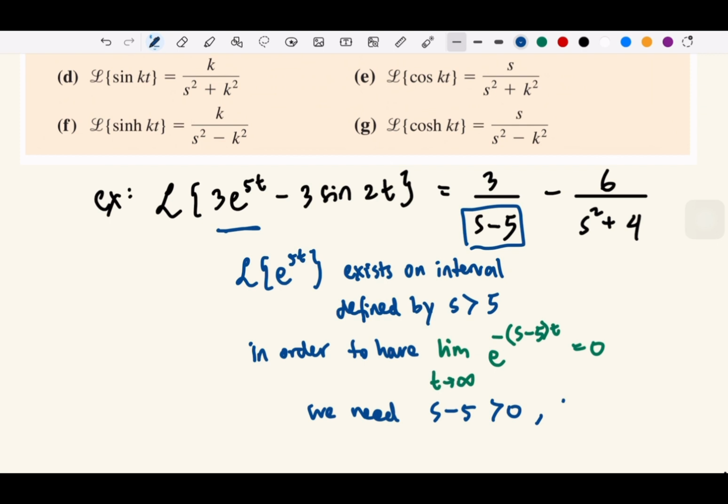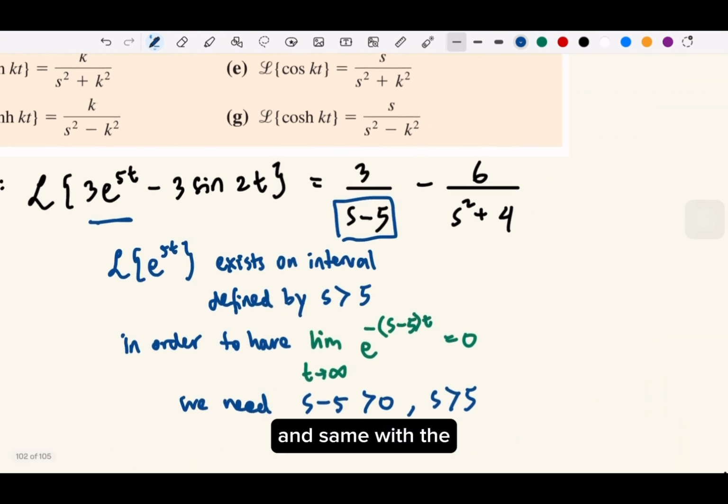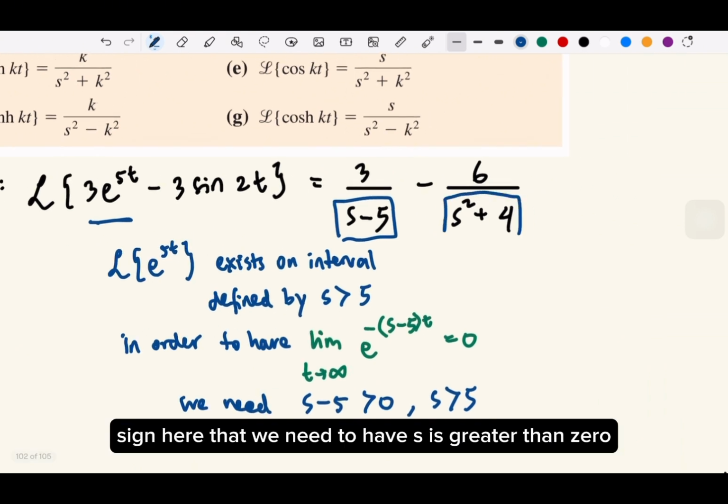And the same with the sine here, we need to have s greater than 0.